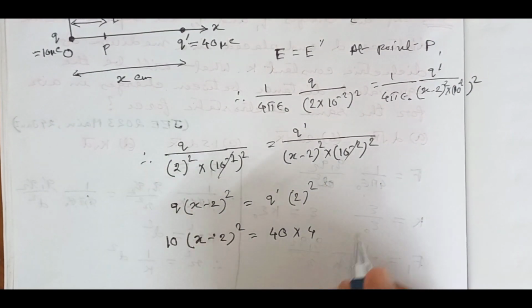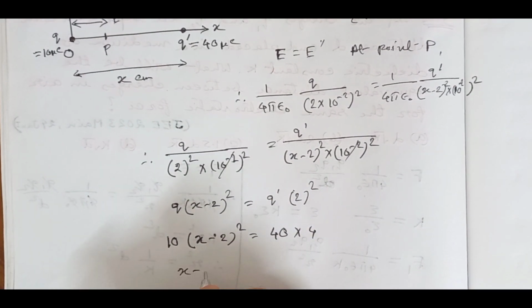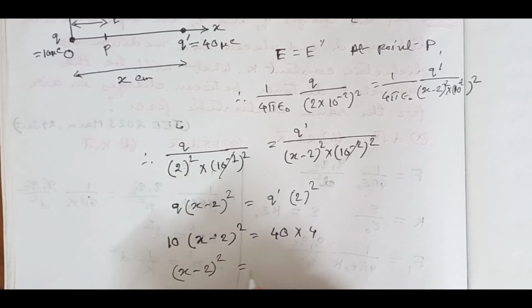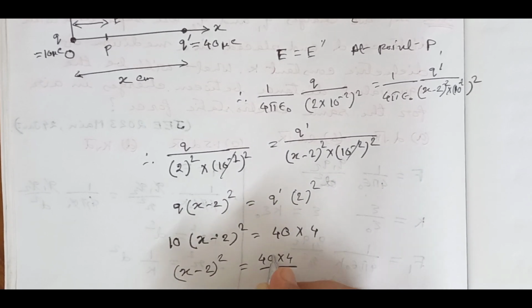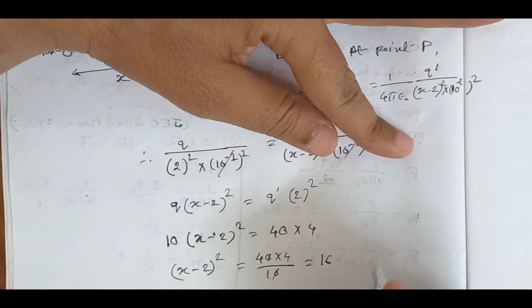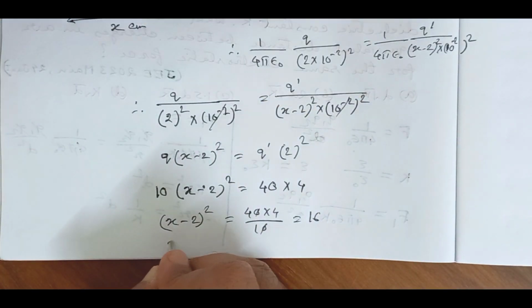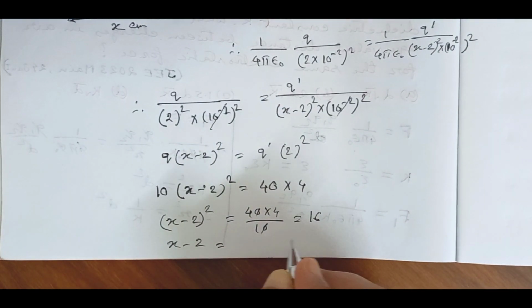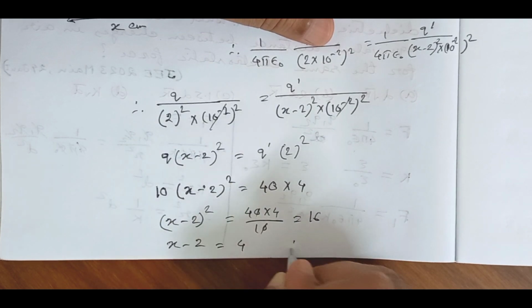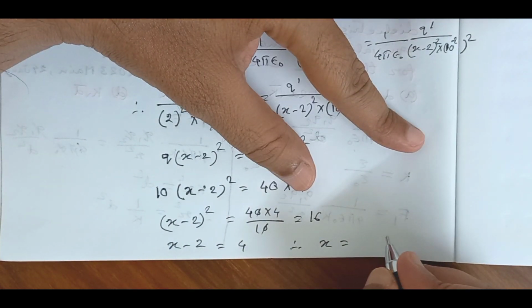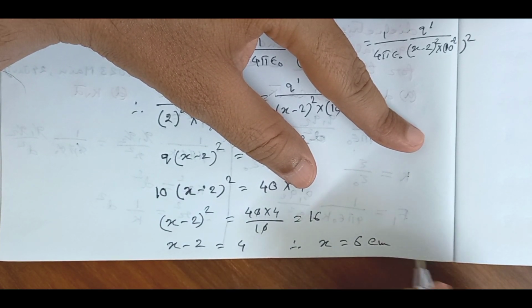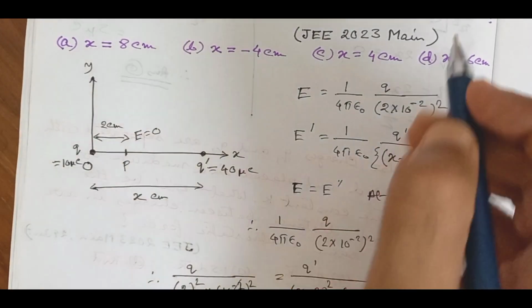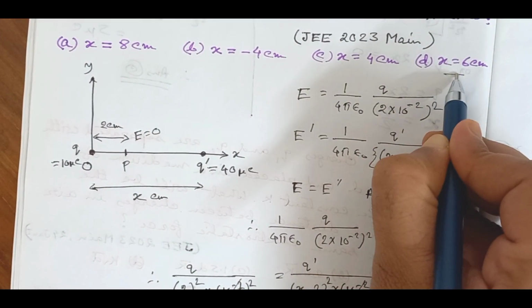Therefore, x minus 2 whole square is equal to 40 into 4 by 10, which means 16, or x minus 2 is equal to 4. Therefore, x is equal to 4 plus 2, which is 6 centimeter. So the answer D is the correct option.